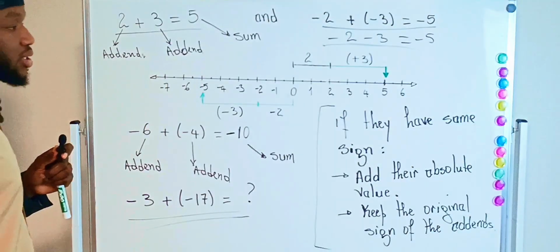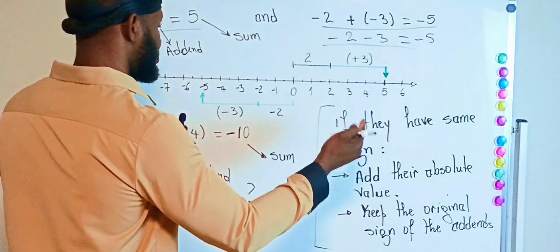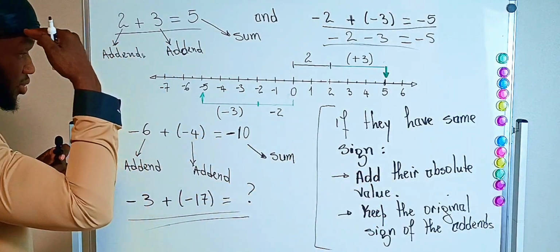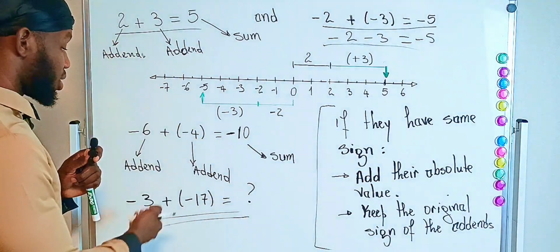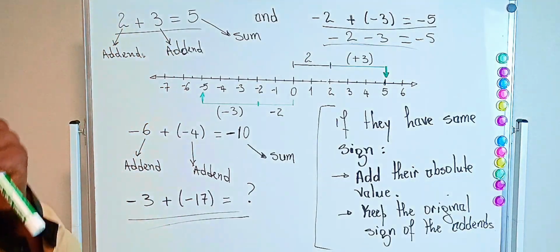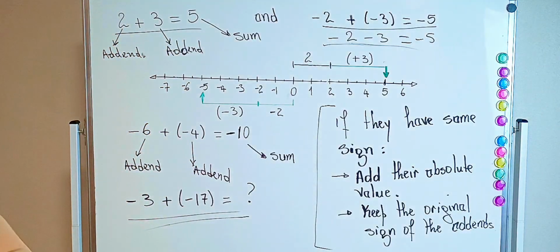So if they have the same sign, add the absolute values, and then keep the original sign of the addends, and you will get the answer.